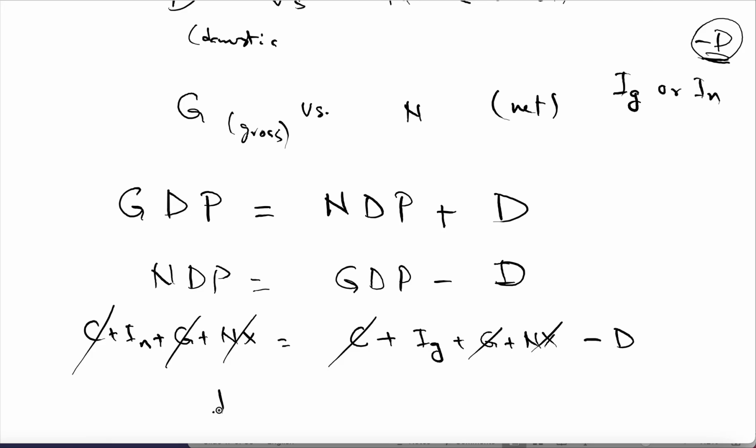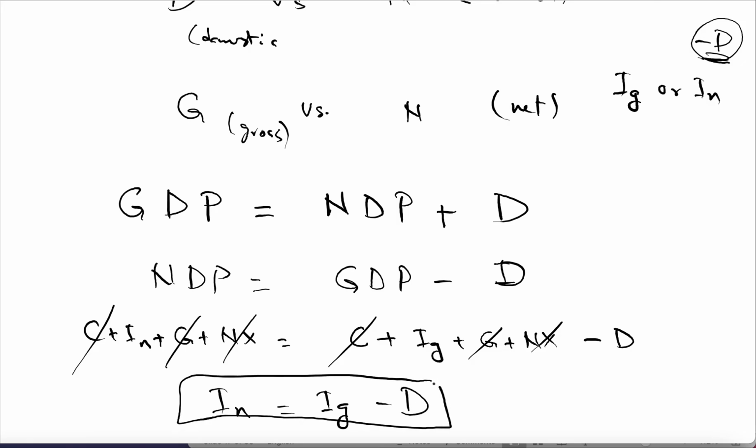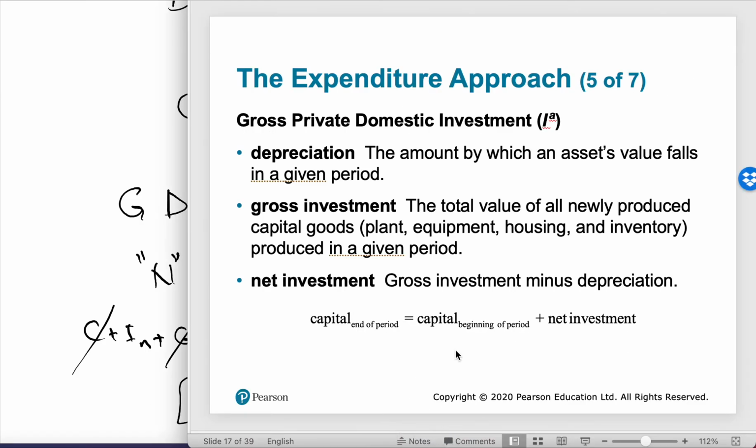So I already told you that the net investment is equal to gross investment minus the depreciation, didn't I? So we now know where the N and D comes from. It depends on whether you are using for the investment the net investment or the gross investment. So that is explaining that one as well.